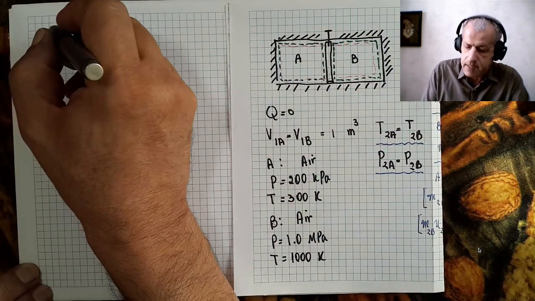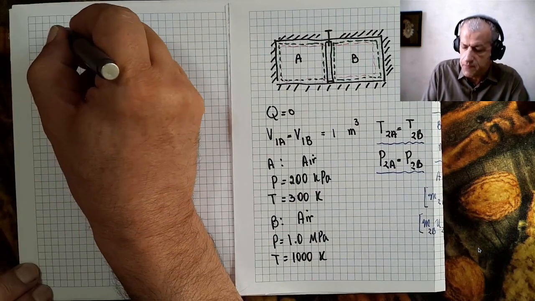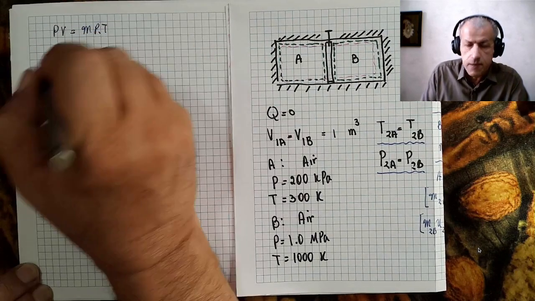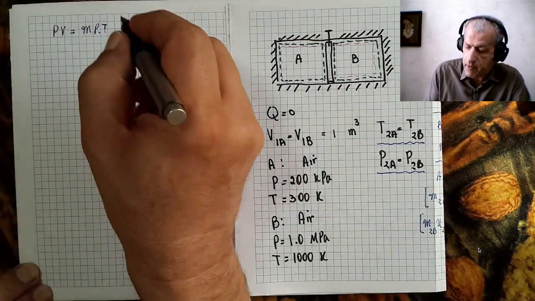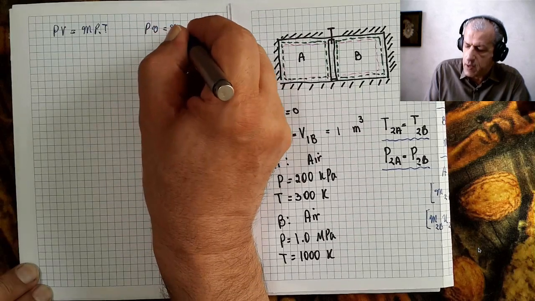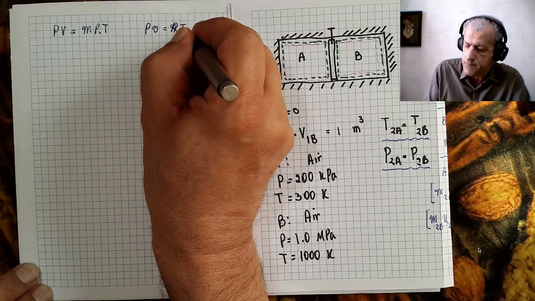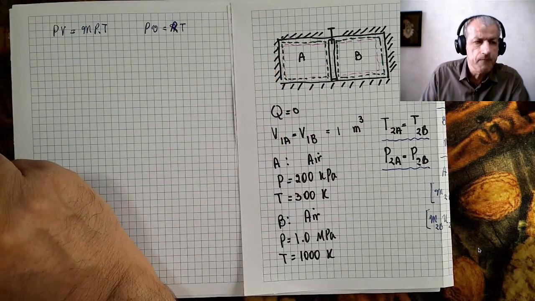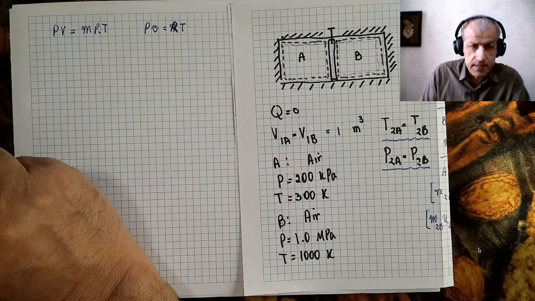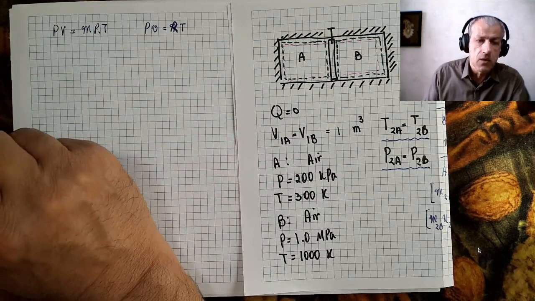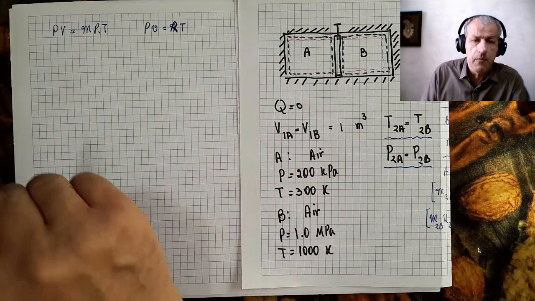The perfect gas law is PV equals mRT, or we may write it as Pv equals RT. Now, since we have volume, using this version would be to our benefit.